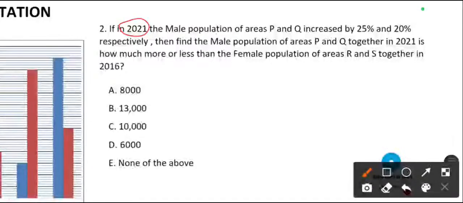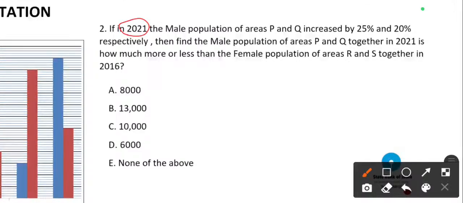The male portion of area P and Q increased by 25% and 20% respectively. In P, initially we have 200. 25% more means 1/4, and 1/4 means 50. So totally 250 males in P, and in Q 20% more means 50 more, so 300.